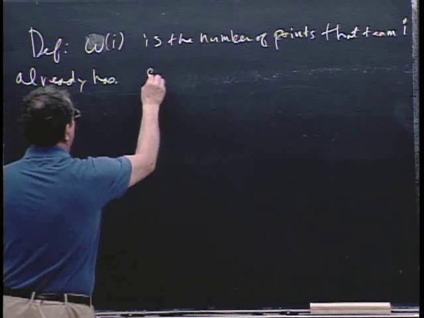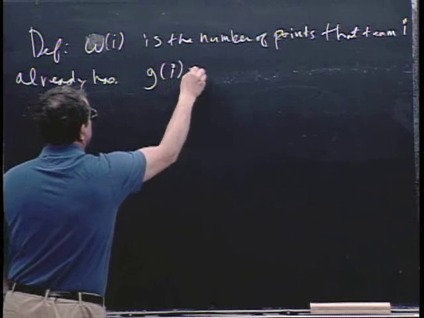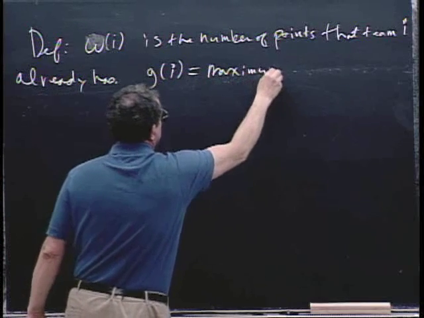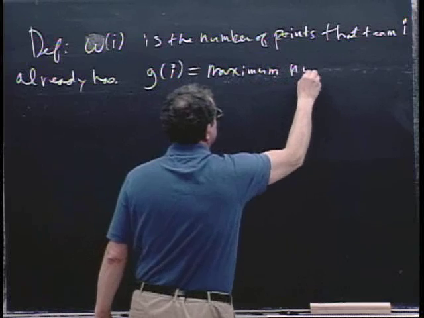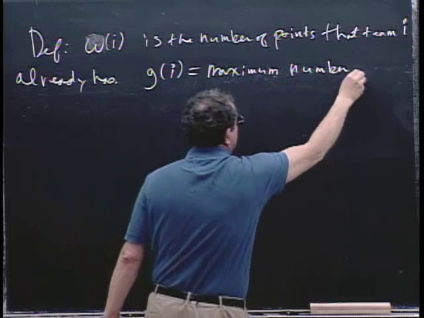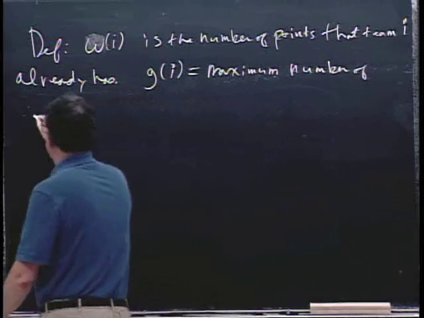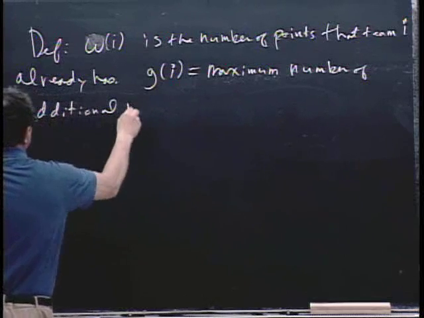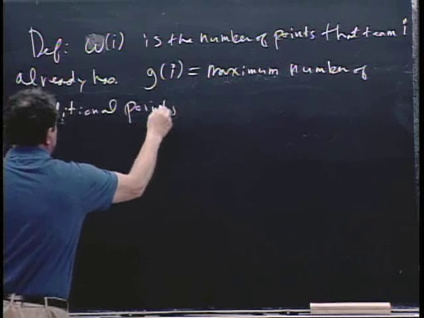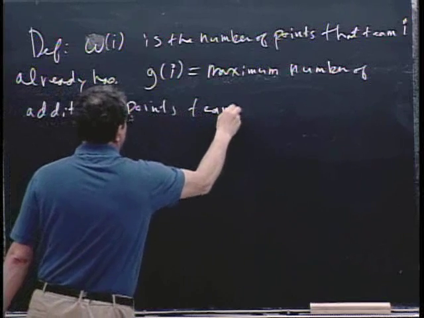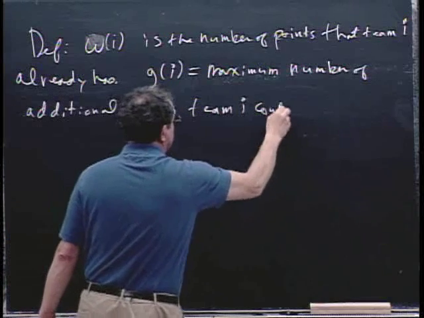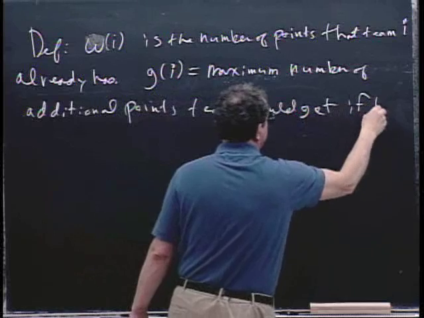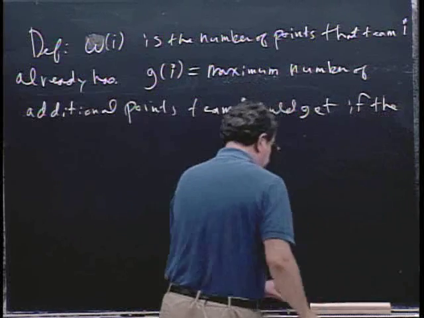And then g_i is equal to the maximum number of additional points team i could get in the remaining games.